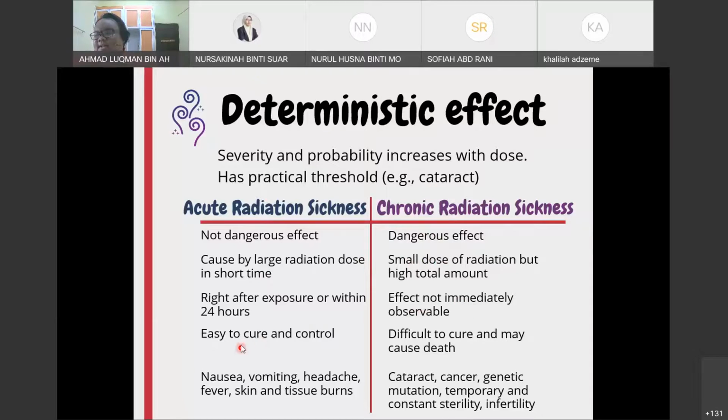Acute is easy to cure and control; chronic is difficult to cure and may cause death. For acute, there will be nausea, vomiting, headache, fever, skin and tissue burns. For chronic, there are cataract, cancer, genetic mutation, and temporary and constant sterility and fertility effects.